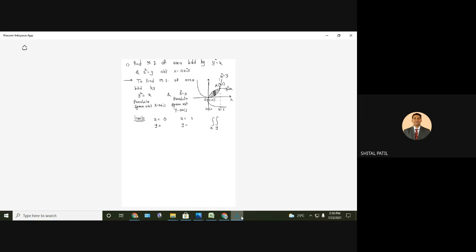The strip starts here, from x square equal to y, so the value of y is x square. It ends along y square equal to x. Y square equal to x means the value of y is plus minus root x. Which root do we consider? Since the area is in the first quadrant, the positive value. Okay, so these are the limits. You might have understood.